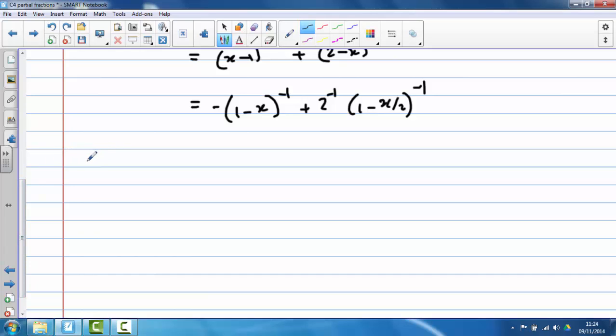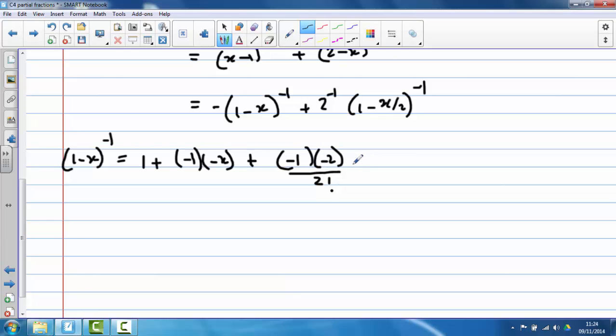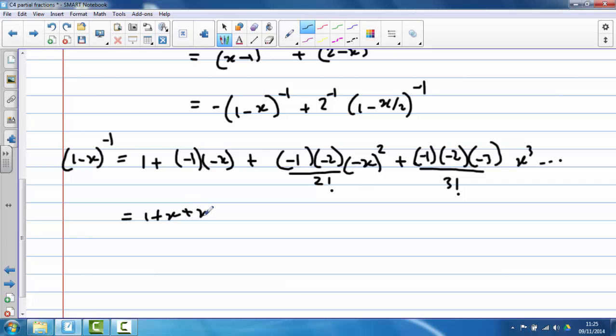So (1 minus x) to the power minus 1 simply gives us 1 plus minus 1 times minus x plus (minus 1)(minus 1 take away 1) divided by 2 factorial times (minus x) all squared, and then similarly minus 1 times minus 2 times minus 3 over 3 factorial times (minus x) cubed, and this gives us 1 plus x plus x squared plus x cubed.